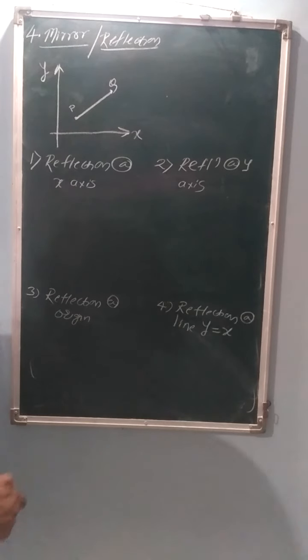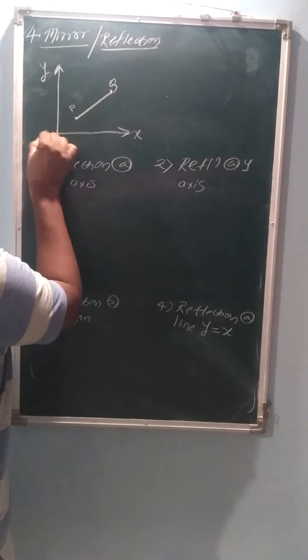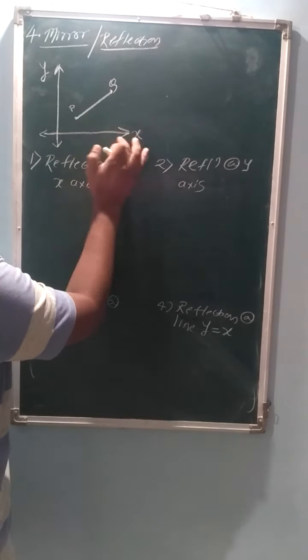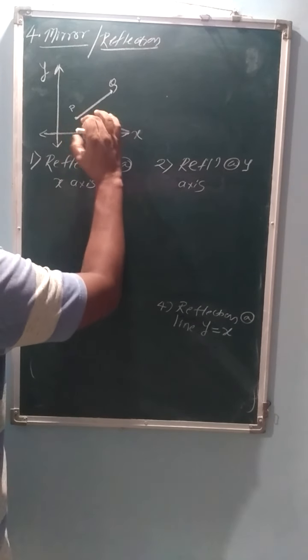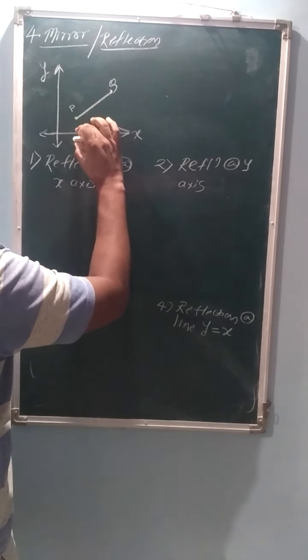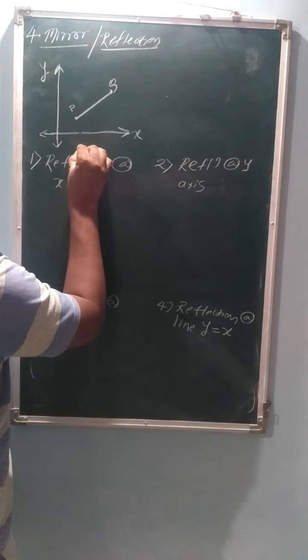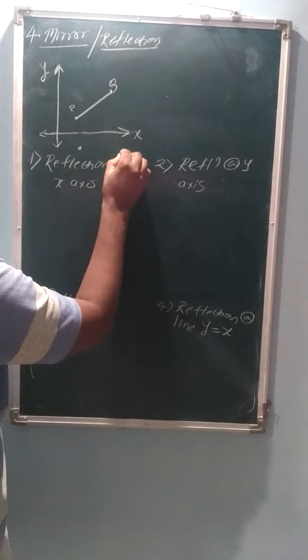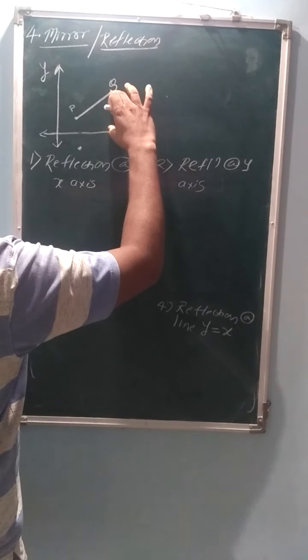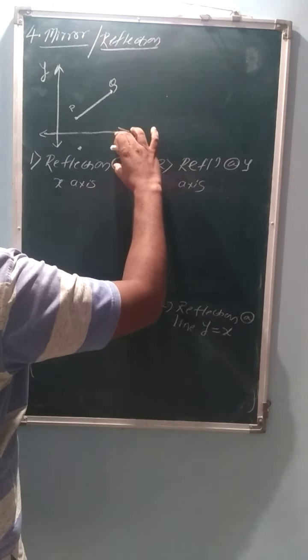Now we are going to reflect this particular entity about this x-axis. So this particular distance will be the same distance, and this much amount of distance.